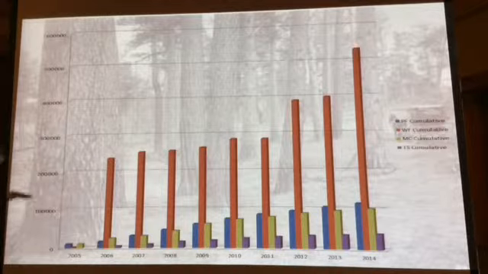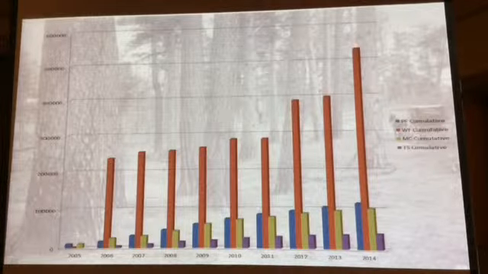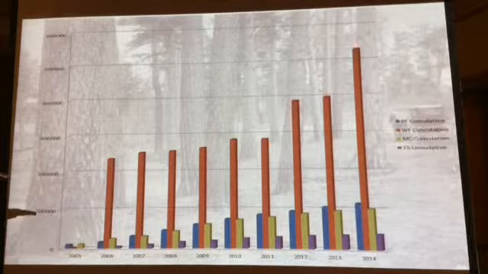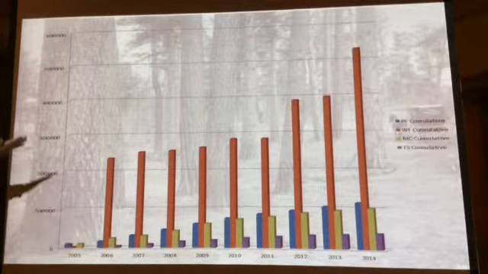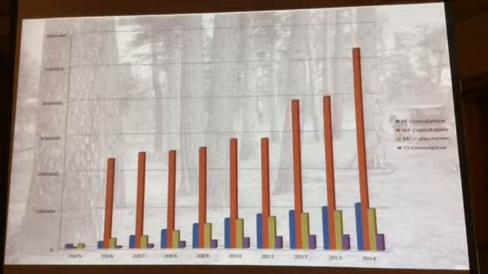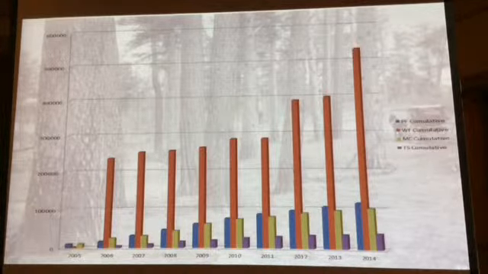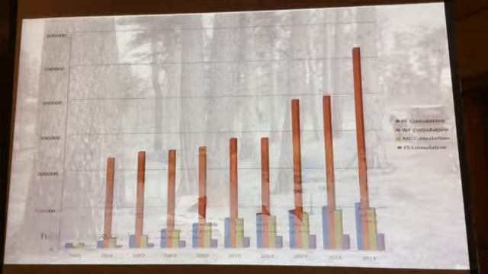But sometimes these can be a little bit misleading, but I think this is a trend that we need to be aware of. More acres being burned, and we're not addressing the problem very well. Yeah. Any other questions or comments?